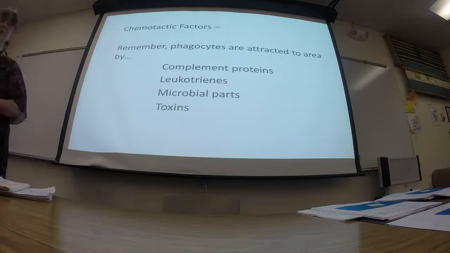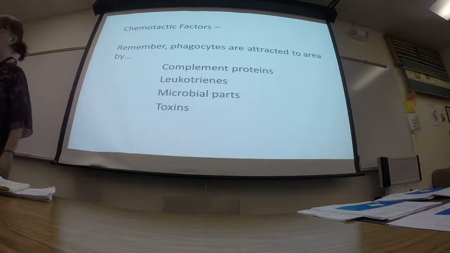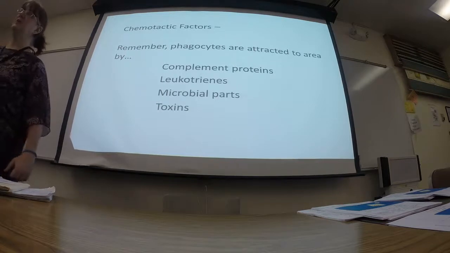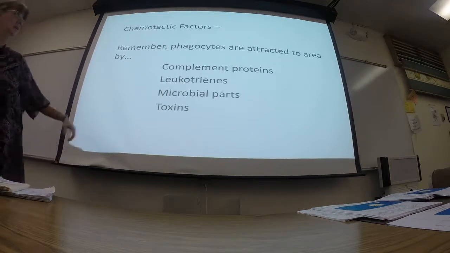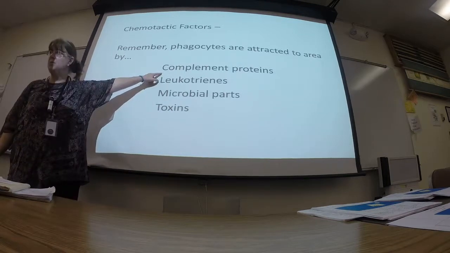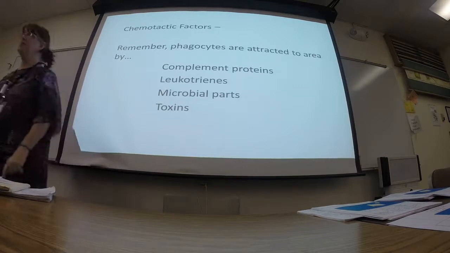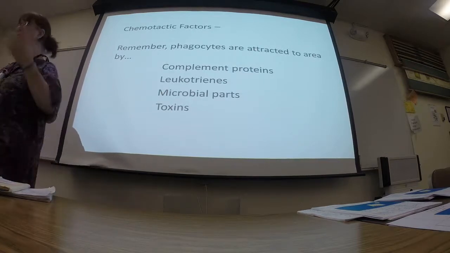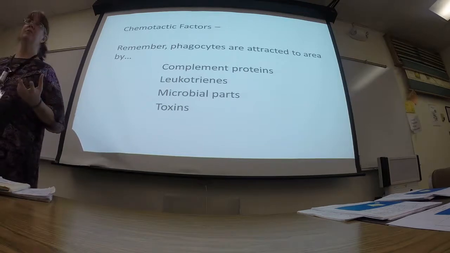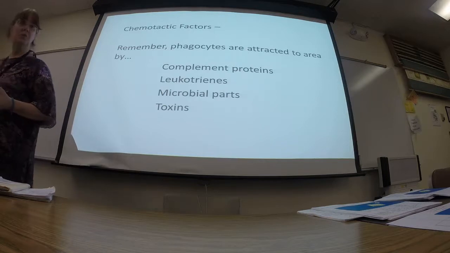Right? Here's the point. Chemotactic factors, positive chemotaxis. That means bring them to the site. We said complement proteins bring them to the site. Leukotrienes is a fancy word for some of the chemical signals that are released by the immune cells. Previously we said, with the toll-like receptors, immune cells can be triggered to release chemicals to call what?